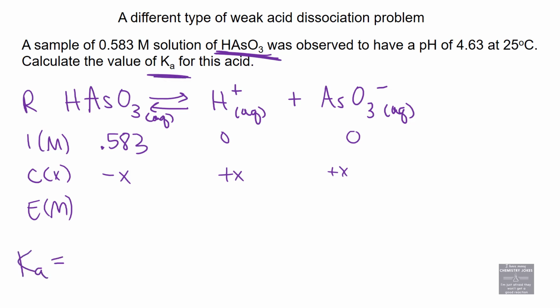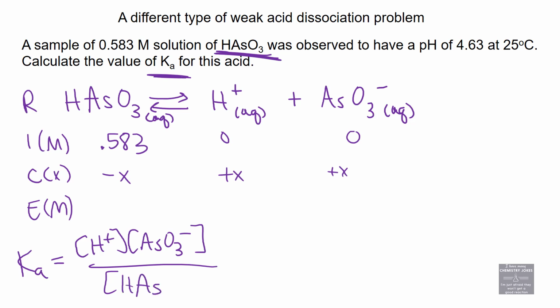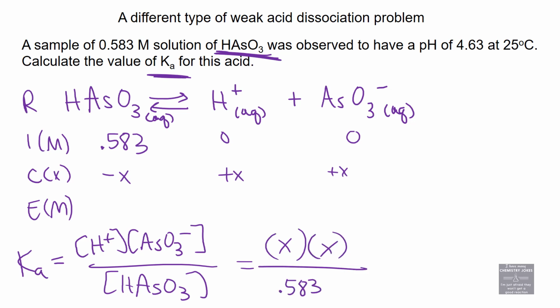So if I write a Ka expression, that's H+ times AsO3- over HAsO3. So I could put in x times x over 0.583 minus x, but we're trying to find the Ka, not find x. So how do I do that?